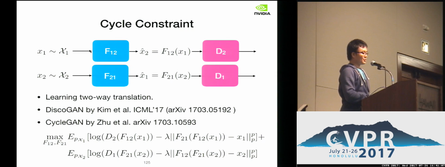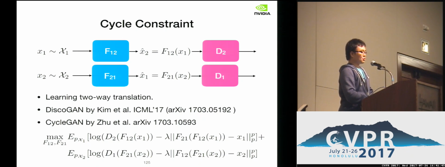If we map an input image with F12, meaning a map from the first domain to the second domain, this is a bit cluttered here, but think about it: when you map an image from the first domain to the second domain, you also train a mapping from the second domain to the first domain. So through this path, you can convert an image from the first domain to the second domain and back to the first domain again through F21.